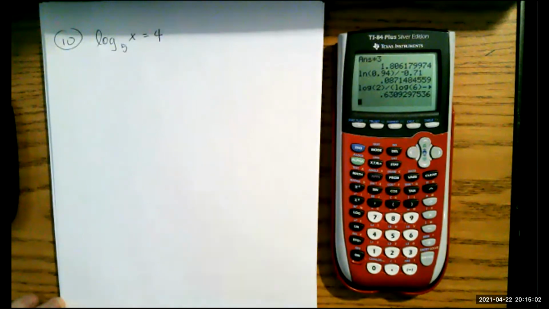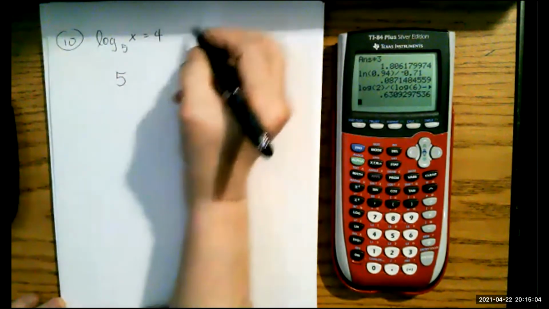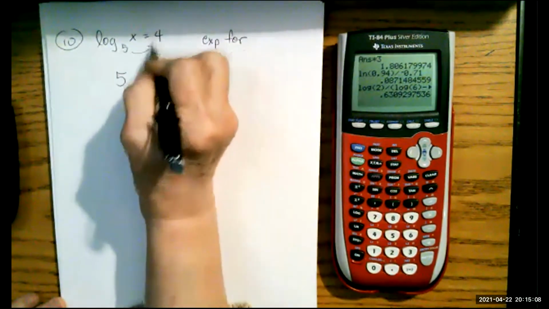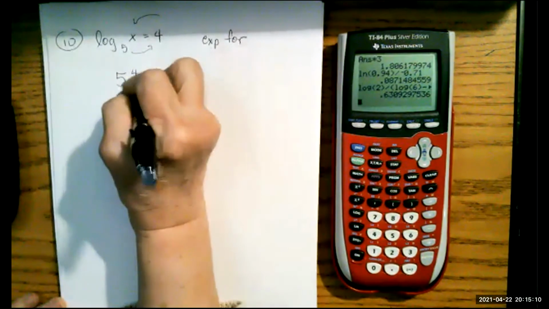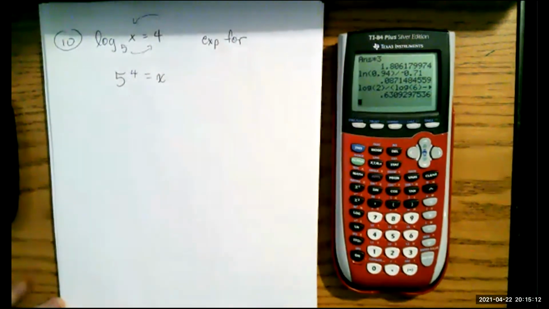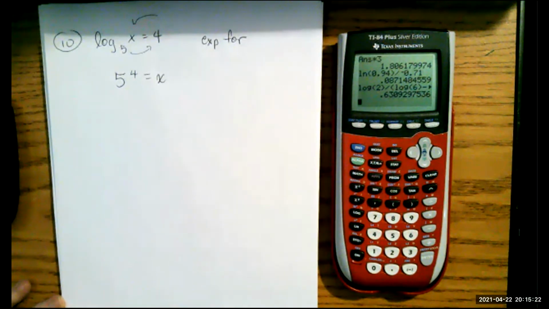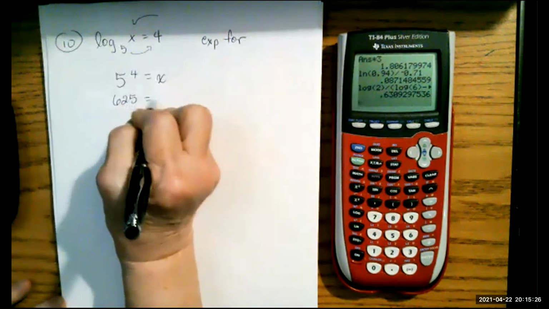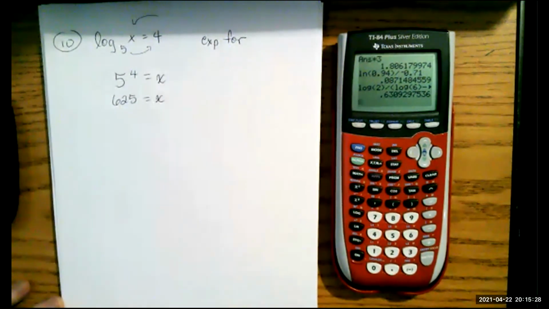Well, you want to change it to exponential form. So it's that little rule that says 5 to the 4th equals x when you take it out of logs. The little bitty number to the answer is the big log number. So then you just figure out what 5 to the 4th is, and this one's probably the easiest problem on the whole assignment.